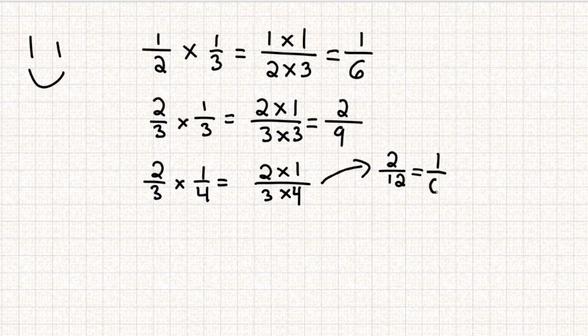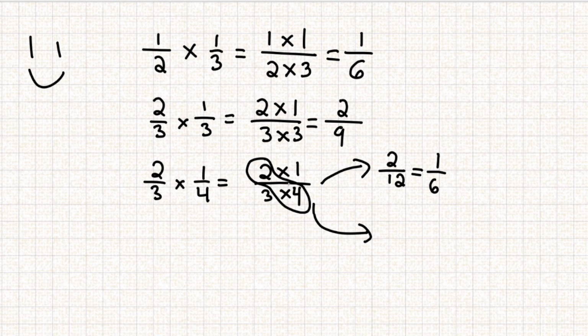That's 1/6. Now a quicker way to come up with the same solution is going to be to see that we can simplify before we multiply. So here I have 2 times 1 divided by 3 times 4. And I'm going to simplify 2/4 to be 1/2.